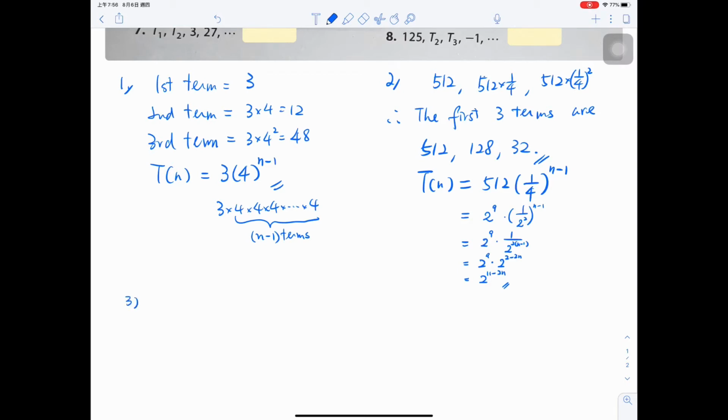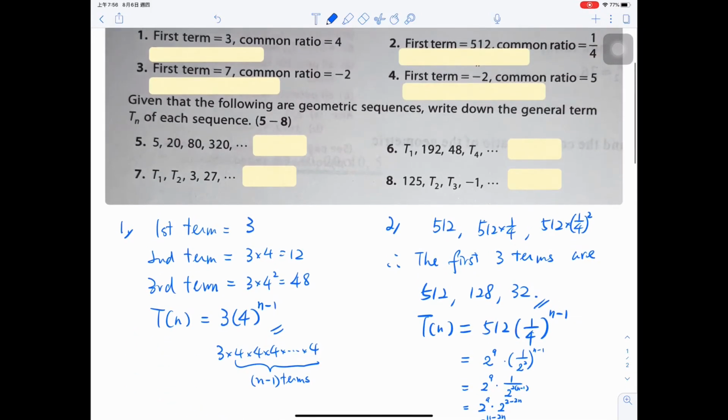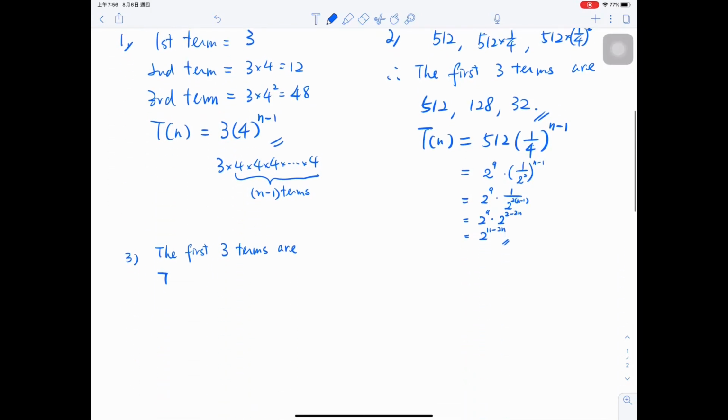Question 3. The first three terms are 7, and with a common ratio of -2, so 7, -14, and the next one 28, correct.